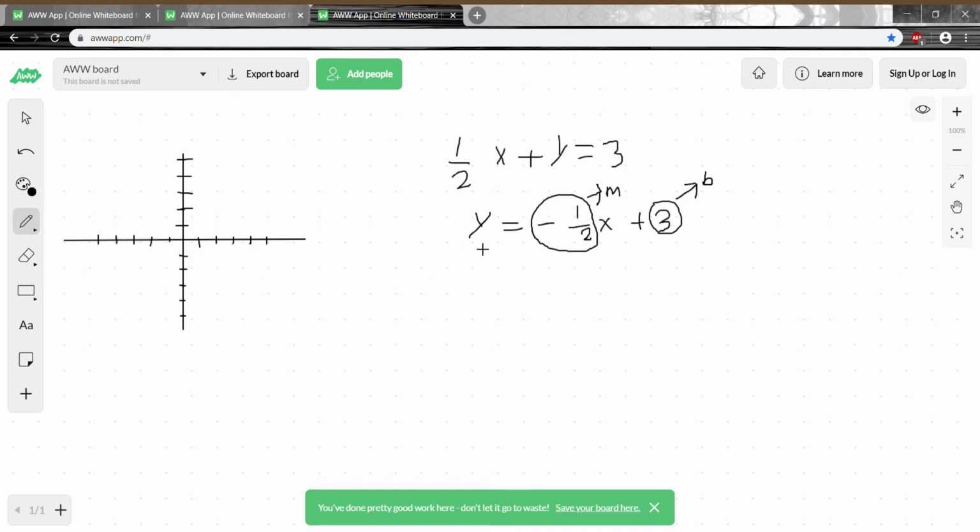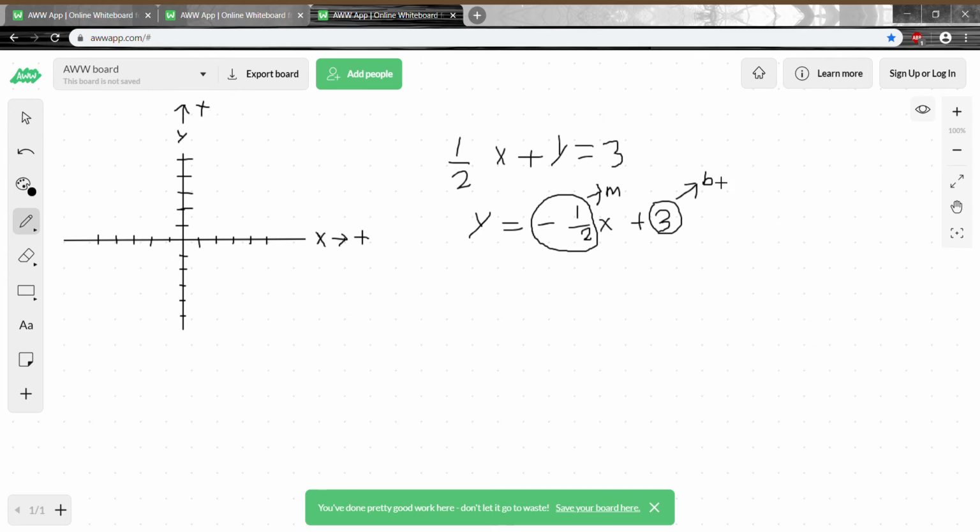So we want to find the first point. The y-intercept is where the line crosses the y-axis. So remember, this horizontal axis right here is the x-axis, with this direction being positive. This axis right here is the y-axis, with this direction being positive.